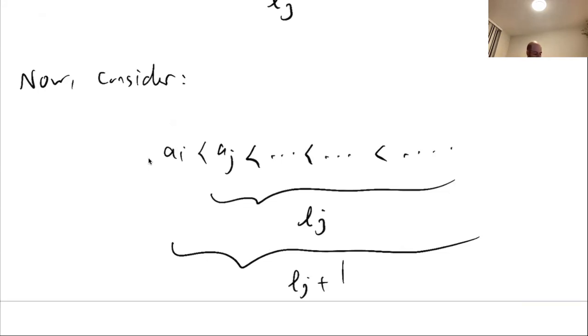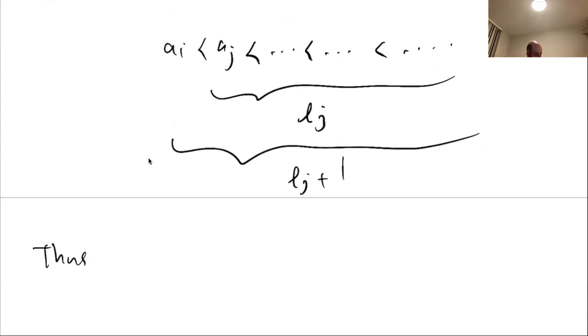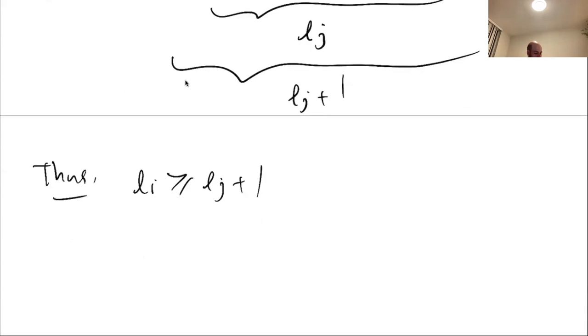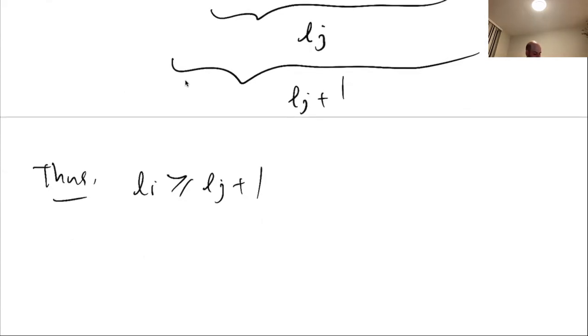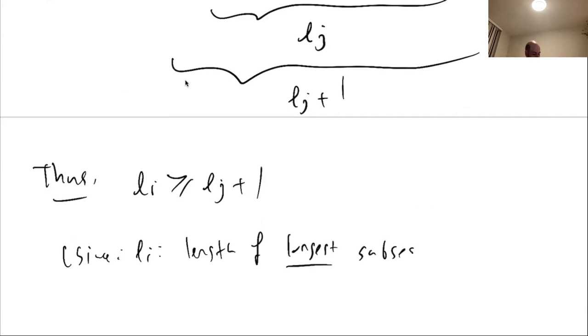And what does that mean? Thus, we can say that Li will be bigger than or equal to Lj plus 1, right? Because Li is the length of longest subsequence starting from AI, right?